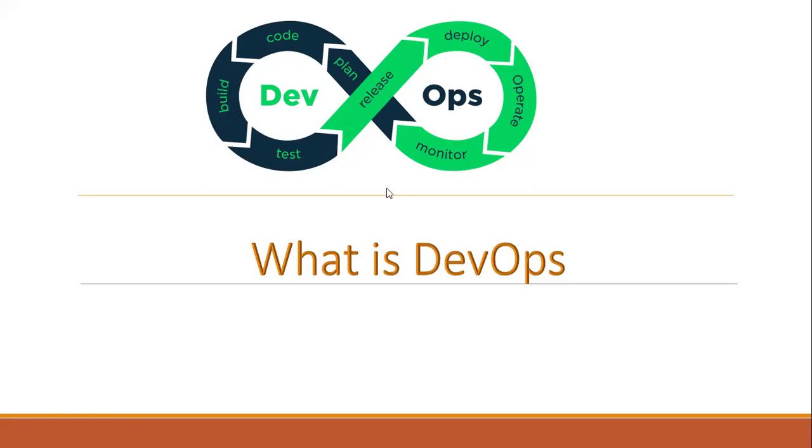So DevOps is a combination of SDLC plus operation. In DevOps, we have plan, code, build, test, release, deploy, operate, and monitor. Again, this is a continuous process, right? Yes or no, guys?